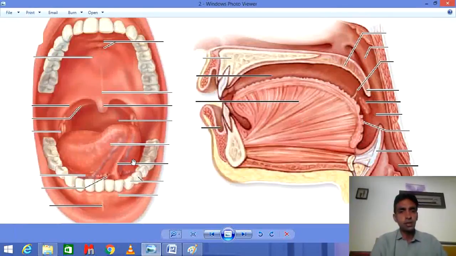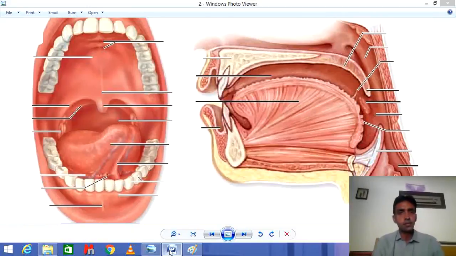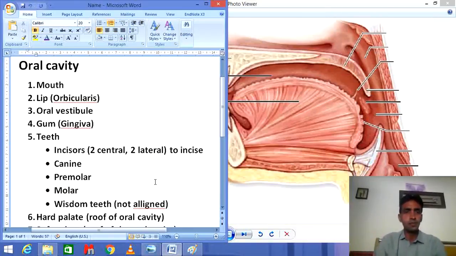After this, you can also see in this area below the tongue, there is a layer structure. This is called frenulum.